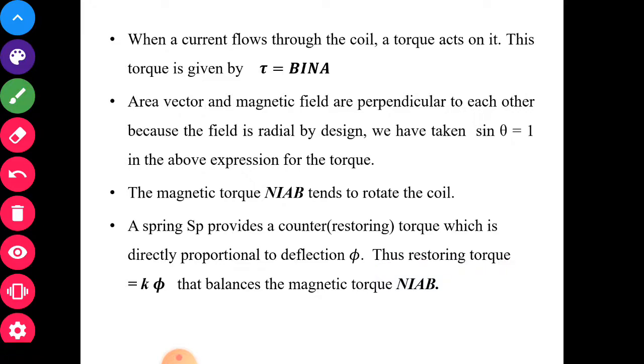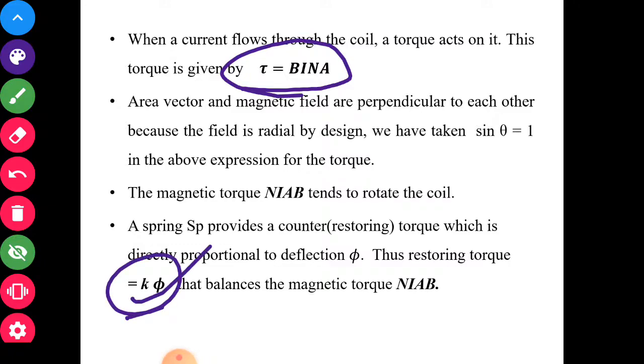As such, the principle of this galvanometer is that whenever a current carrying coil is placed in the magnetic field, it experiences a torque. Similarly here, the torque experienced by the current carrying coil is BINA, and the restoring torque is balancing this torque produced in the coil.